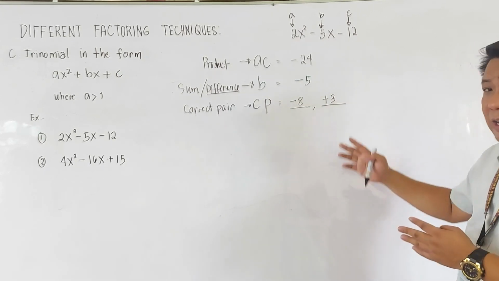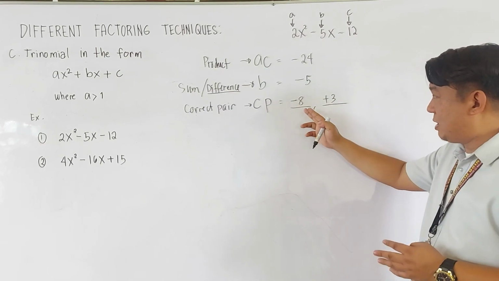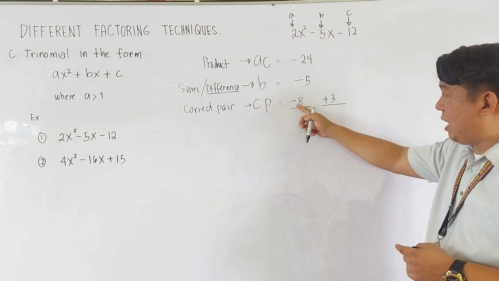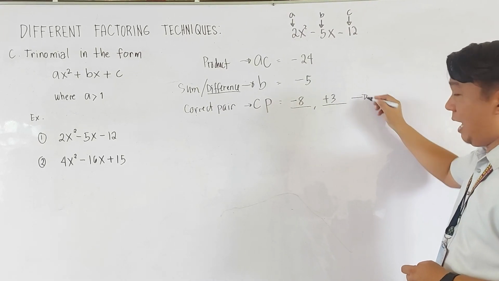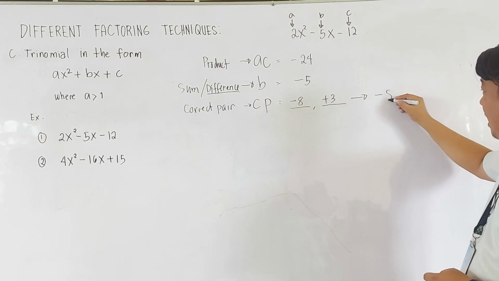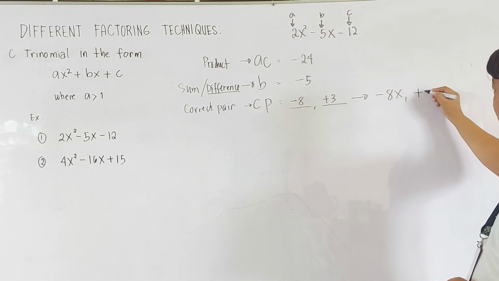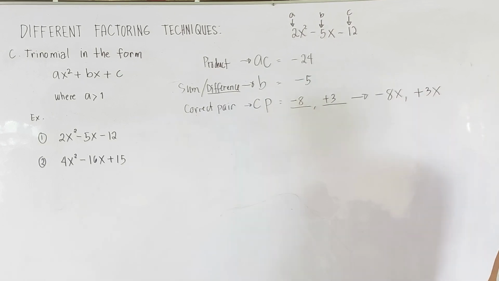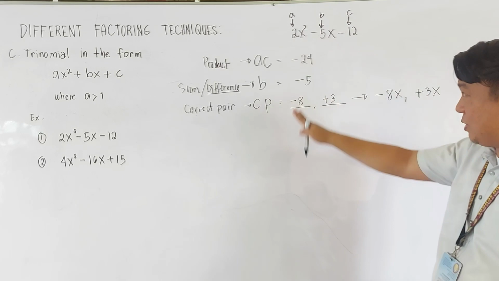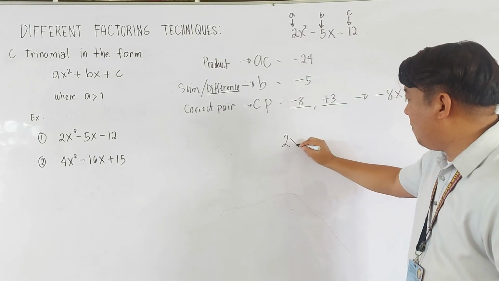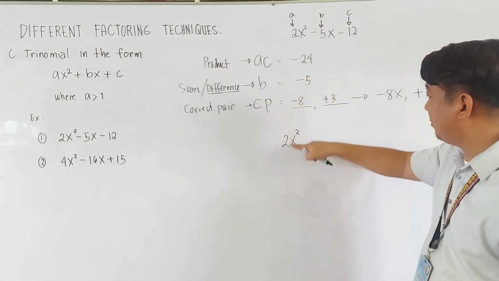Okay, now since we have two correct pair number, which is negative 8 and 3, lalagyan lang natin sila ng x. So, negative 8x and positive 3x. Okay? Tapos, ipapalit natin siya dito kay 5x. So, ito na mangyayari. 2x squared.